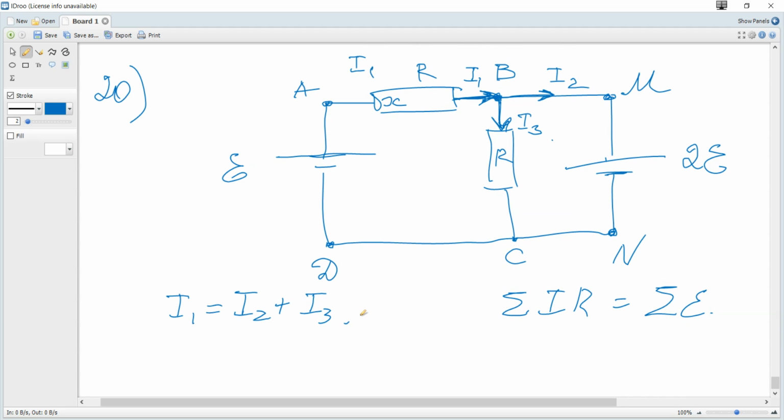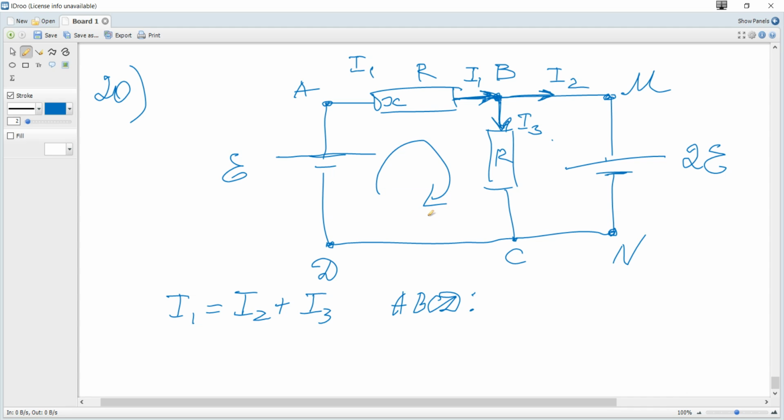And let's consider the closed circuit A, B, C, D. And let clockwise direction be positive. So sum of IR. Let's move from A, so we can see I1 is clockwise, so it's positive, times R, next plus I3 times R, I3 is also clockwise, so it's positive.